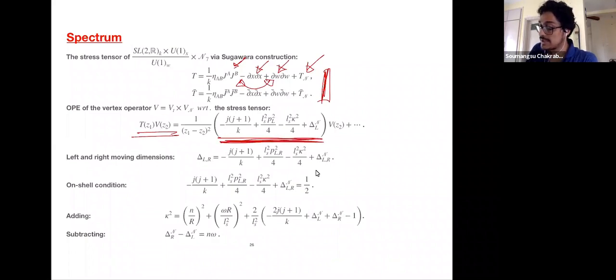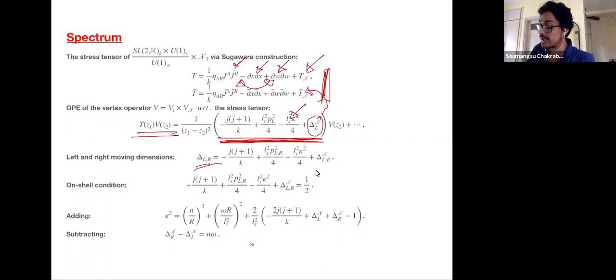Once you do that, you get this as the dimension of the vertex operator. J is the SL2R spin, the J3 spin. PL and PR I defined before. K is the momentum along the U1 in the denominator, and delta N is the contribution to the dimension coming from the compact part. These quantities are delta left and delta right.